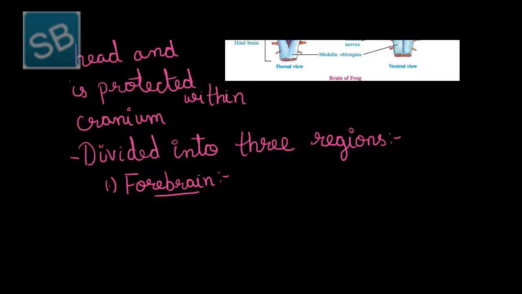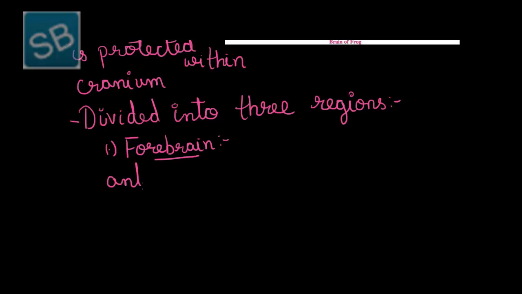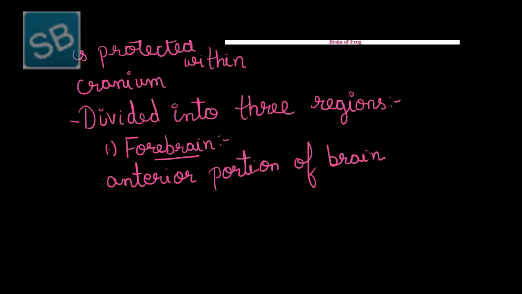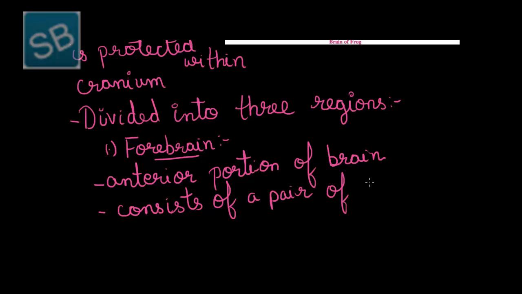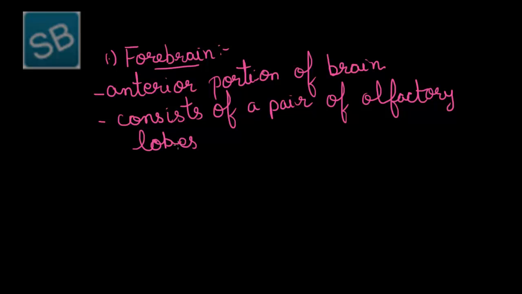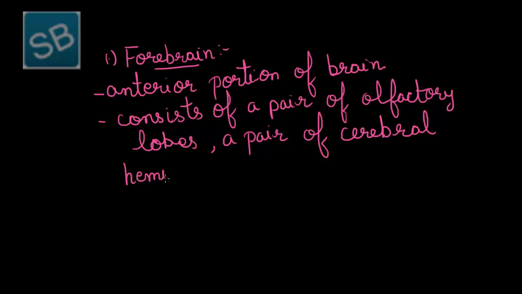It occurs on the anterior portion of brain and consists of a pair of olfactory lobes, a pair of cerebral hemisphere, and diencephalon.